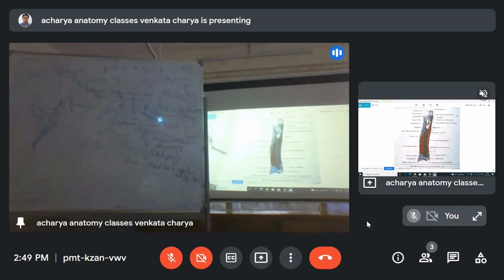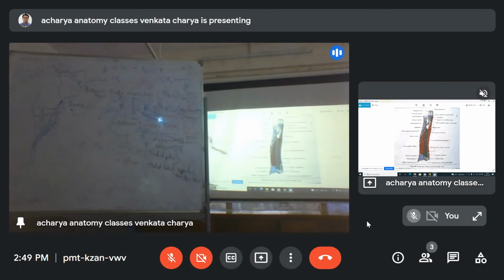And see here, then come to the posterior surface. In the posterior surface, two muscles originate from here. Two muscles originate from the posterior surface of the radius. Number one is the abductor pollicis longus.